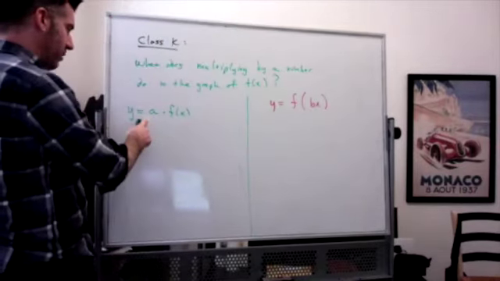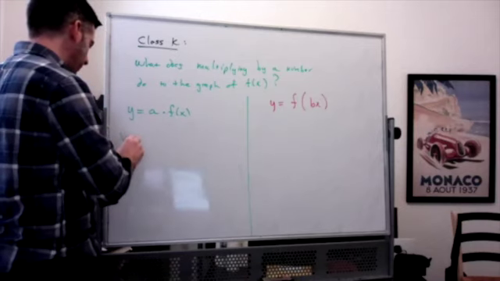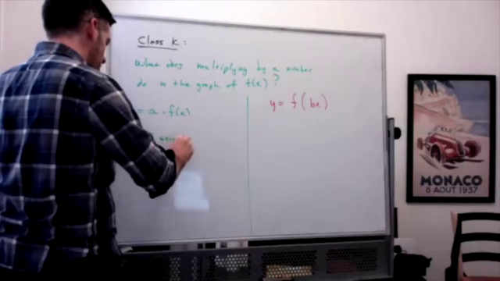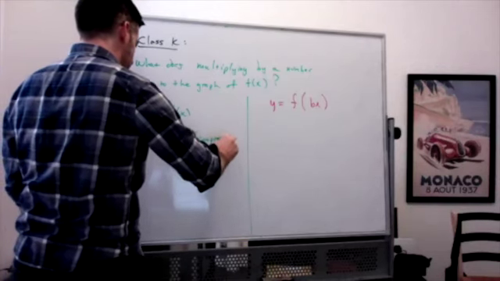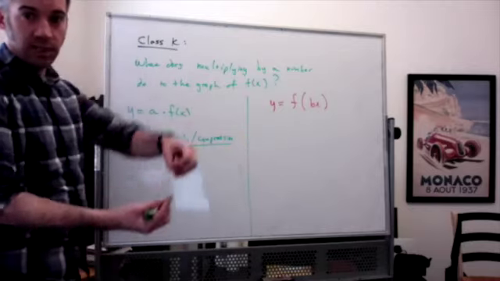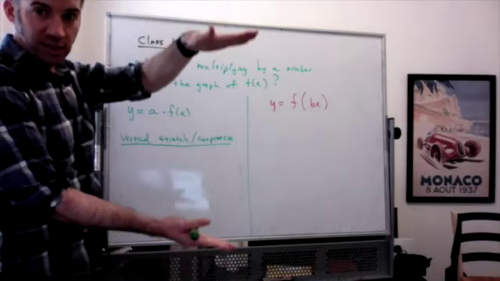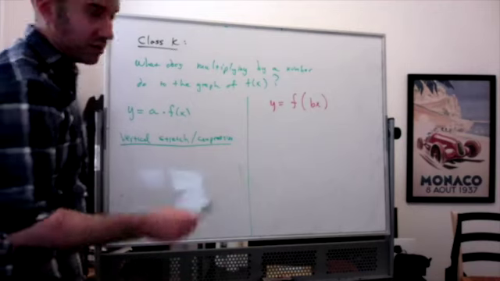So clearly this is outside. It's going to affect the graph vertically. This is going to be a vertical stretch or compression. A stretch meaning it's going to kind of get stretched out. A compression meaning it's going to get squashed down vertically. And here are the 2 rules.